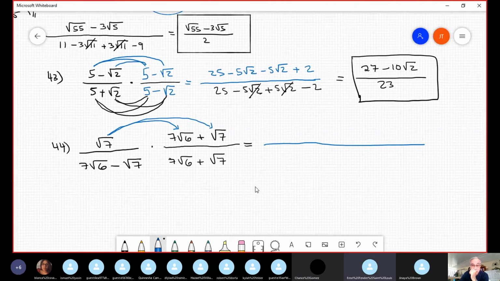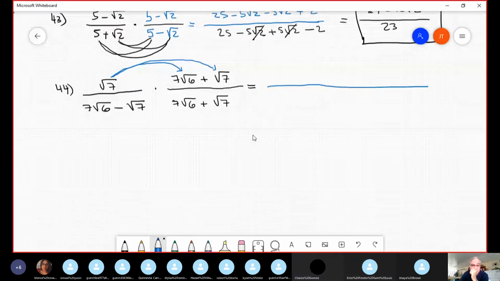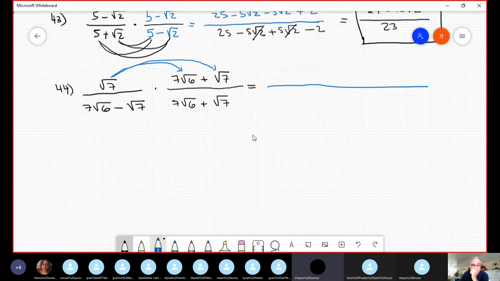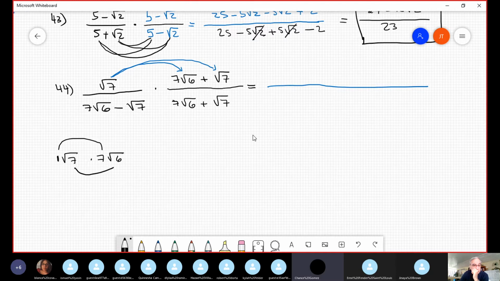No. Okay. Why not? Let me try to understand. Actually, the thing we are doing is radical 7 times 7 radical 6. Remember, this coefficient is 1. You multiply this number and this number, and this number and this number. So it's 7, and then 42.